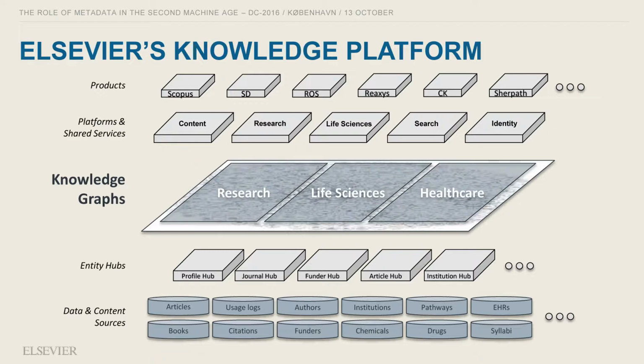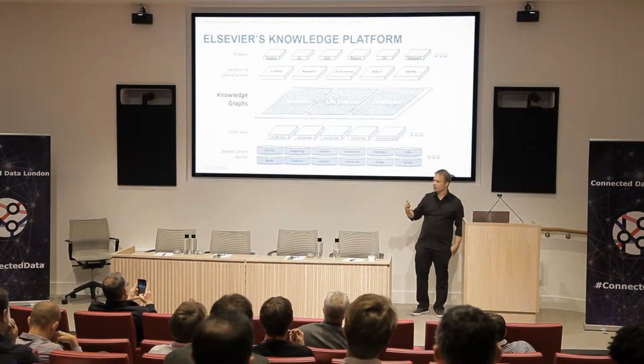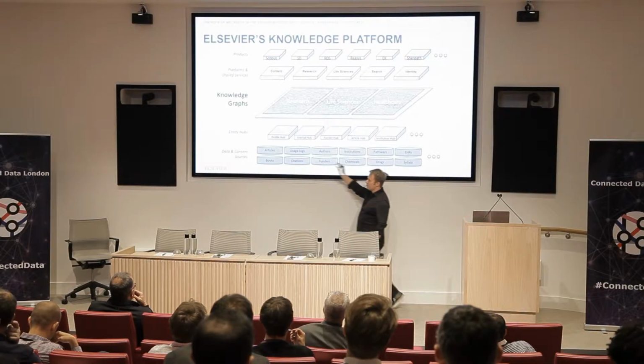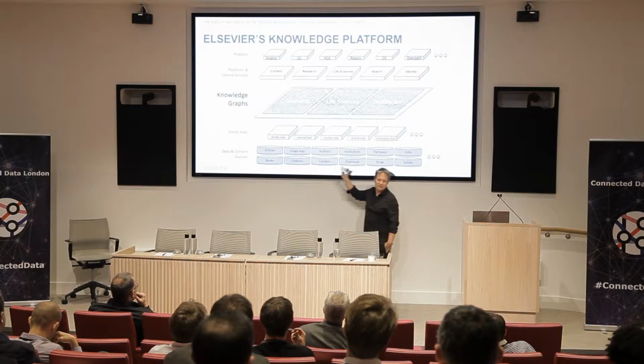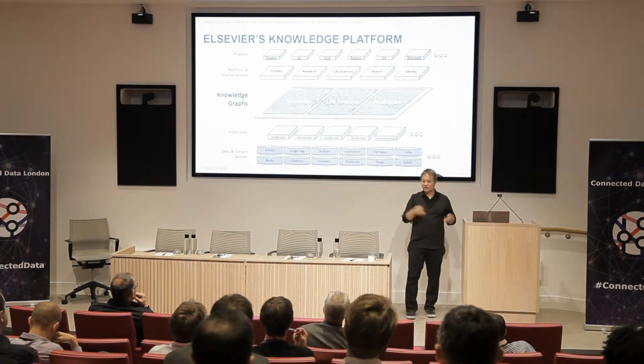We also have graphs around healthcare, and I'll talk about those in a second. And those knowledge graphs are underpinning our upper level applications that we're delivering, also some of our AI algorithms that we're developing. At the bottom are all of the content and data that we're sucking in to integrate, right?